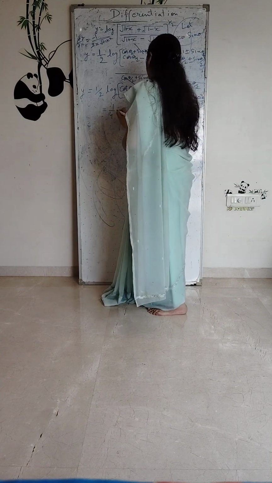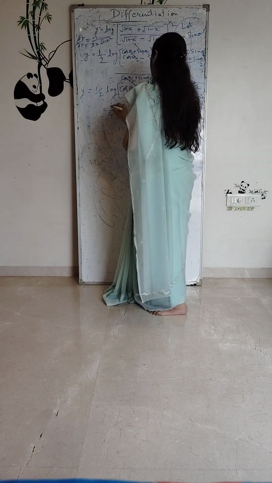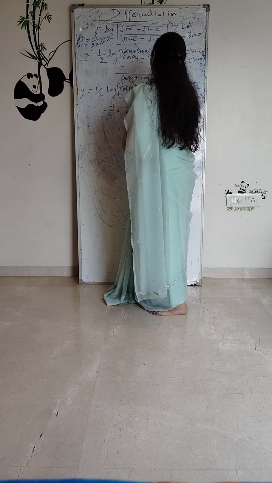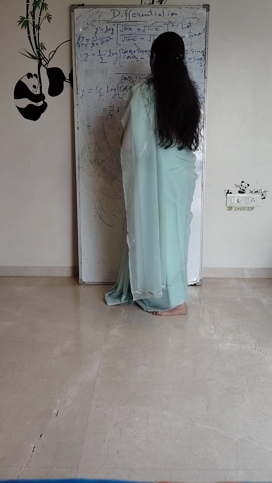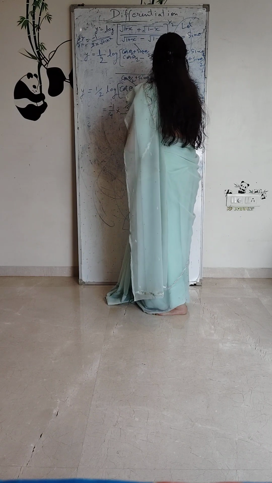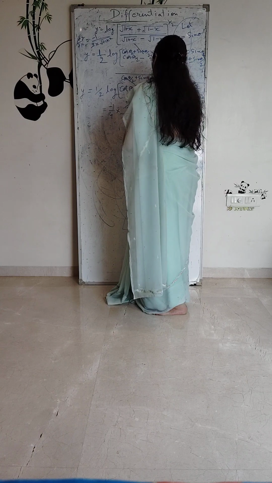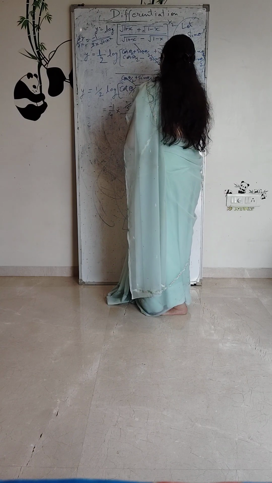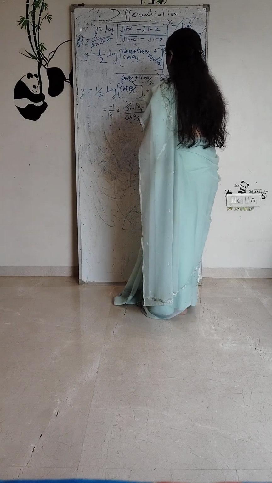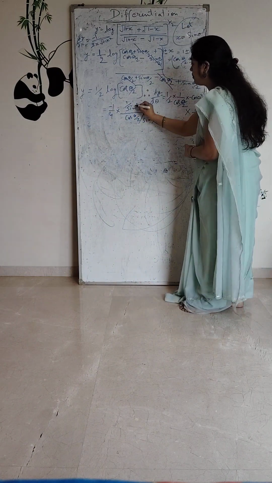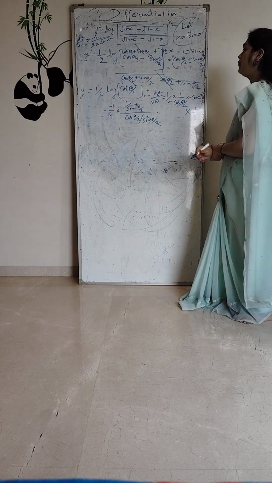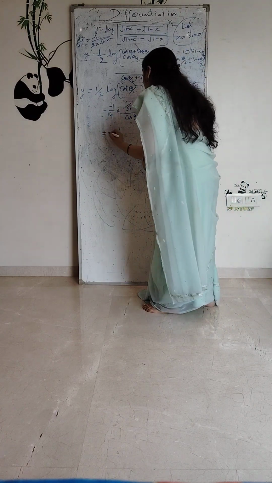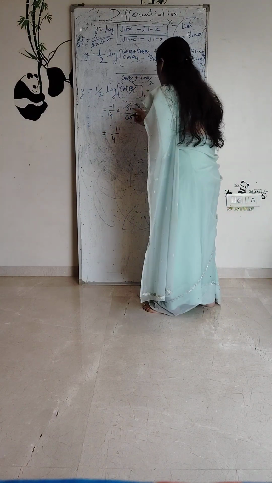So 1 by 4 into minus 1 by sin square theta by 2 upon cos theta by 2 upon sin theta by 2. One sin theta by 2 will be cancelled with the other sin theta by 2. Minus 1 by 4 we will get.